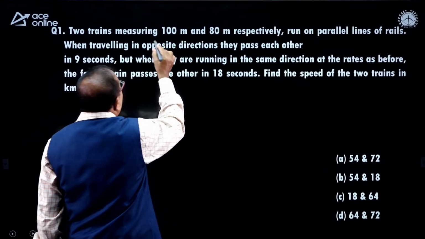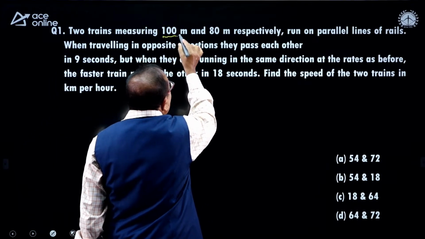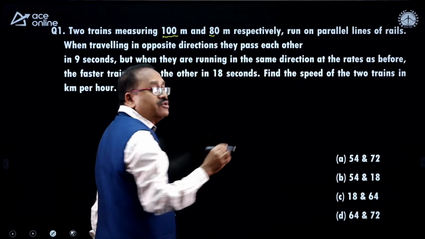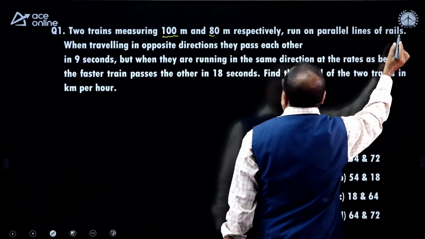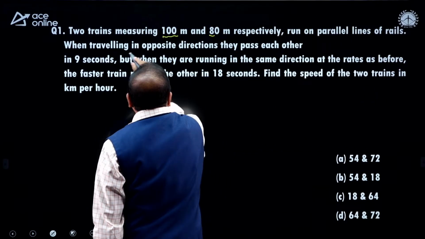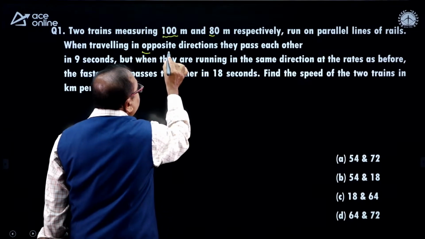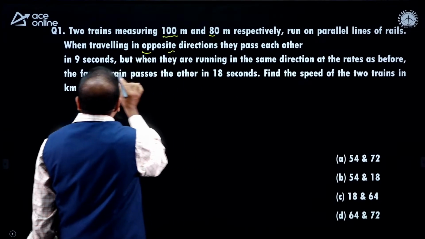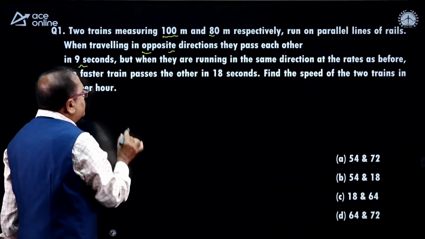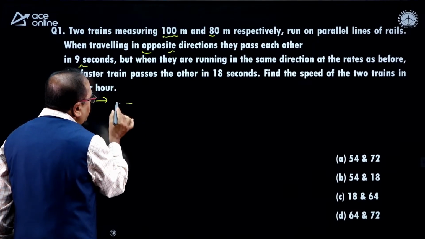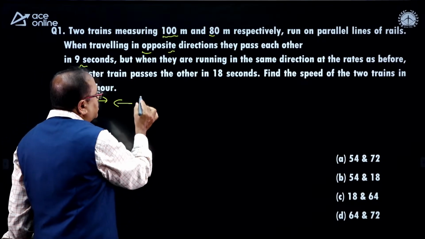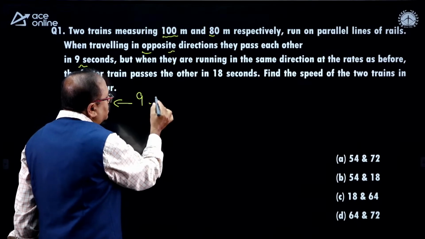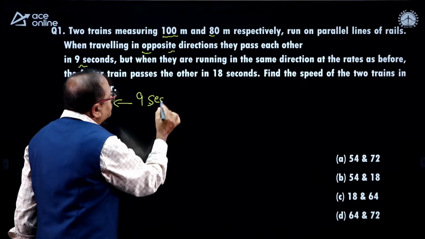Two trains measuring 100 meters and 80 meters respectively run on parallel lines of a rail. When they are traveling in opposite directions, they pass each other in 9 seconds. So it is said that when they are running in opposite directions, the time taken to cross each other is 9 seconds.